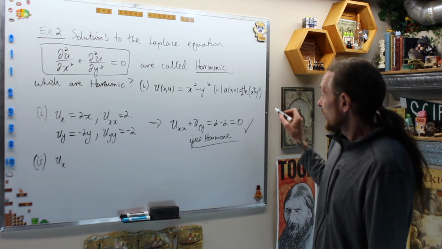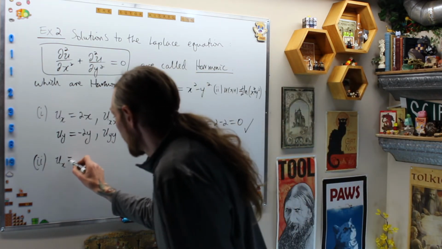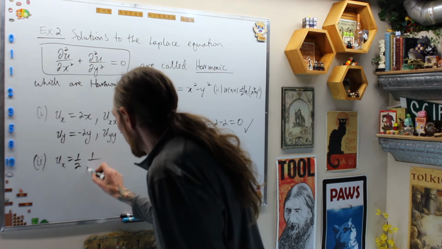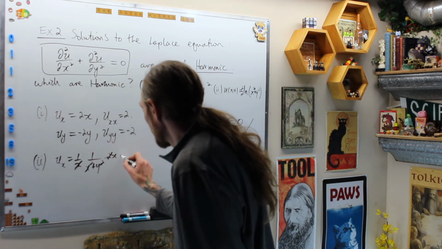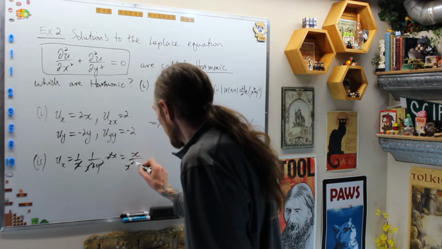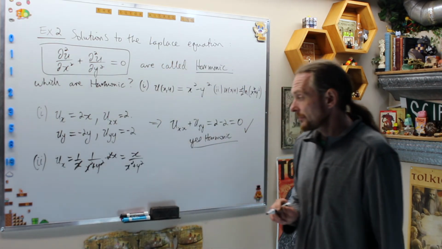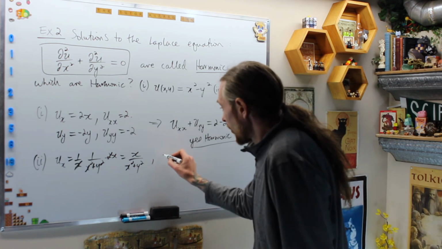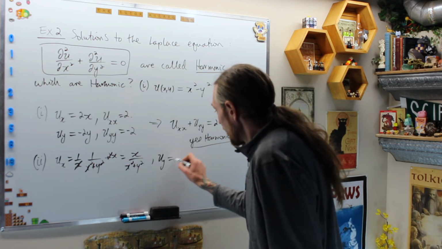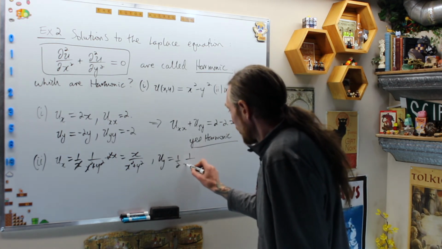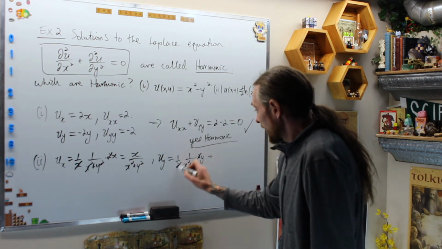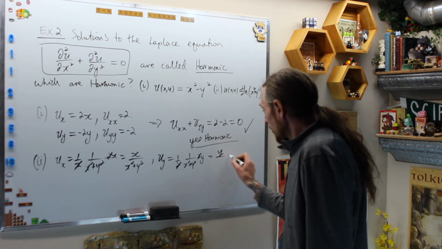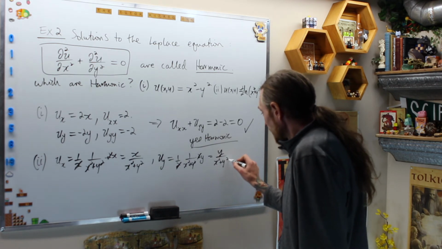With respect to x, we have 1/2 times 1 over x squared plus y squared times 2x. So those will cancel, and I will get x over x squared plus y squared. Similarly, for uy, we're going to get 1/2 times 1 over x squared plus y squared times 2y, which will give me, cancelling, y over x squared plus y squared.